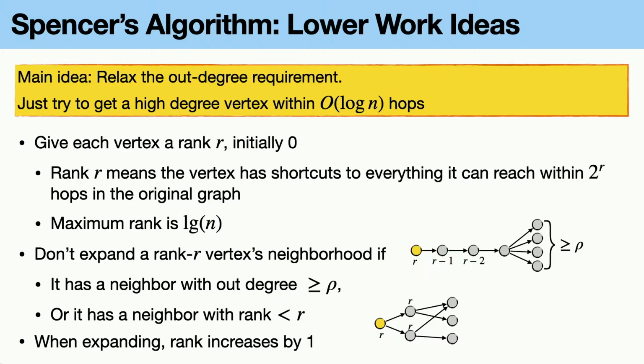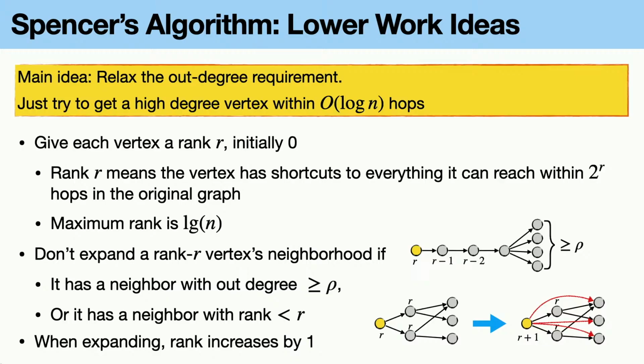Now if you have low degree and all your neighbors have the same rank or higher, then you can add shortcuts to your neighbors' neighbors. Keep in mind that you had edges to everybody you can reach in 2 to the R hops, and they had edges to everybody they can reach in 2 to the R hops. So your neighbors' neighbors are the things you can reach in 2 to the R plus 1 hops, and you can increase your rank by 1.